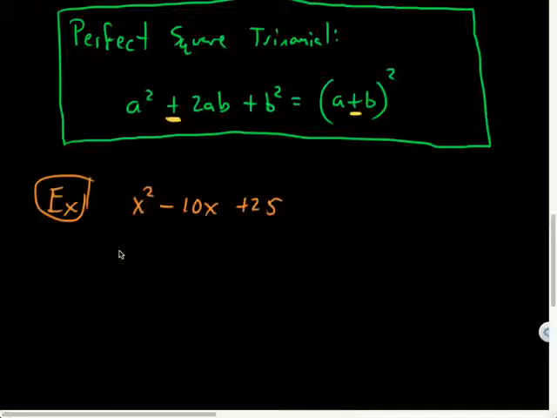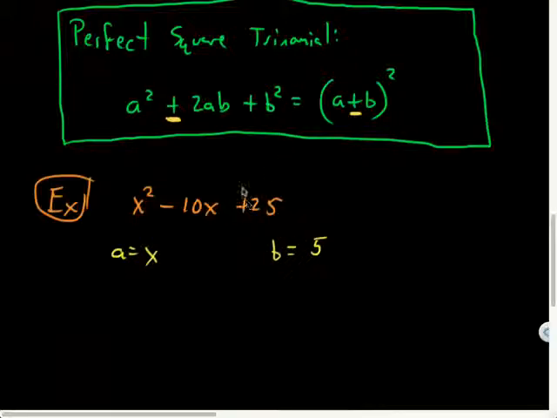So let's do that. What would A be and what would B be? A would just be the x, because I'm matching it up to this. What squared is x squared? x. And what would B have been? 5, because 5 squared is 25.